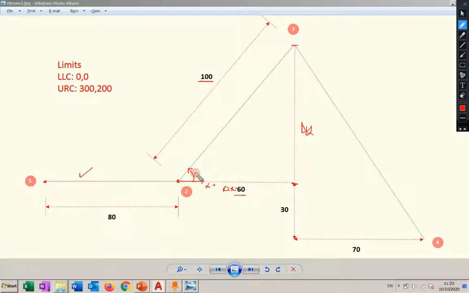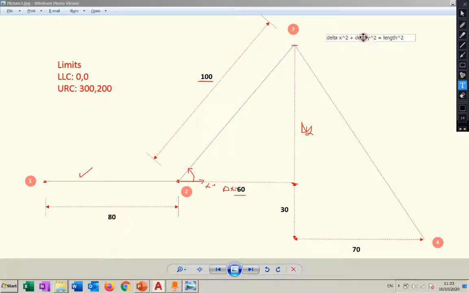If you don't know about cosine and sine, at least you know that in a triangle, delta x squared plus delta y squared is equal to the length squared. We know this from the Pythagorean theorem, so we will be able to find the one we don't have.